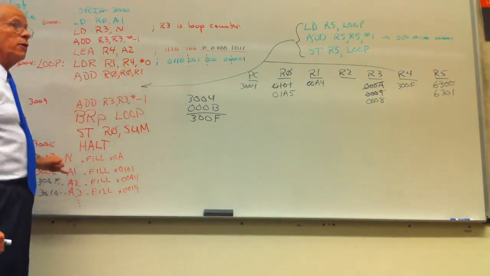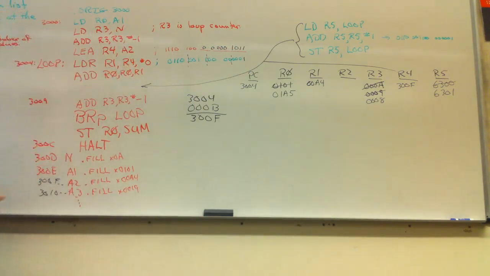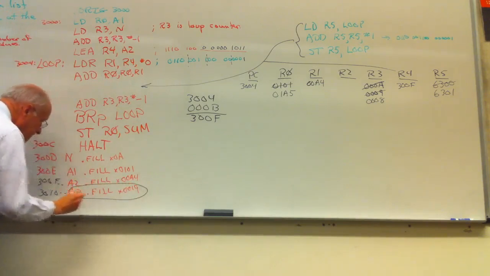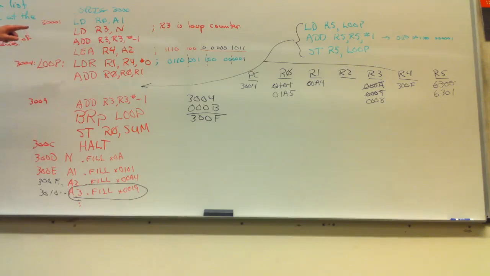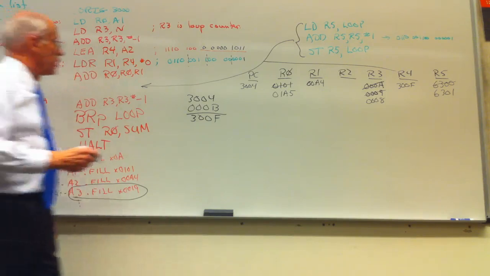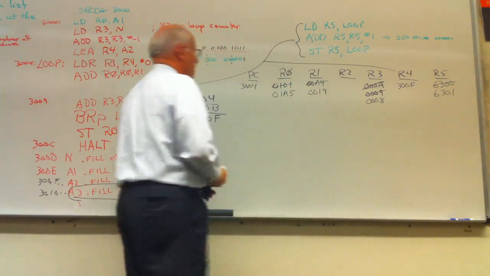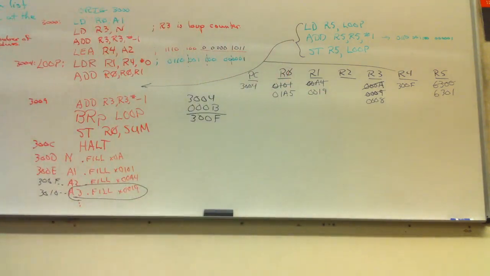So now I'll go to 3010 down here, because I've changed the offset there. So now I load register 1 with a 0019. Because I have changed the instruction. I modified the instruction.